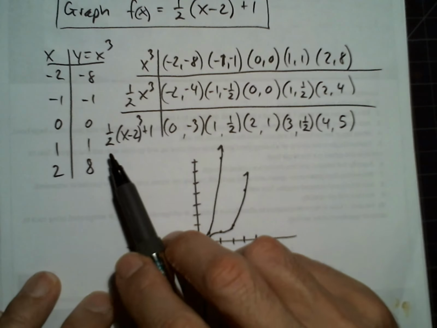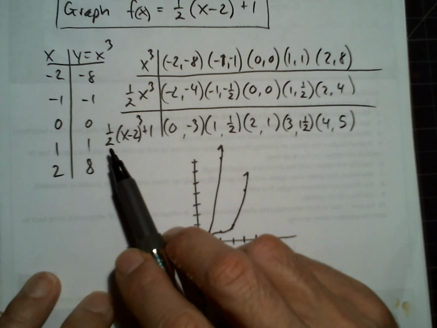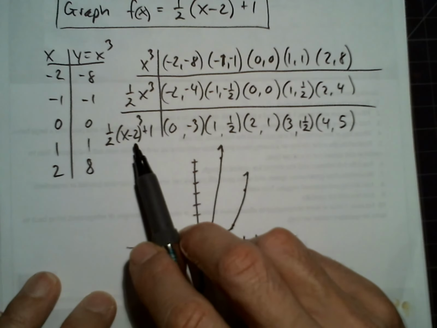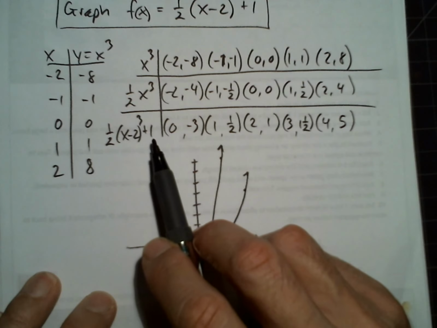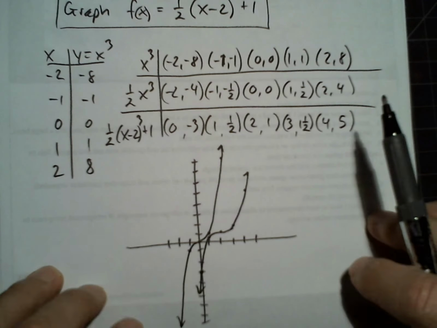And we can see that multiplying by half is a vertical compression, then a horizontal translation, and a vertical translation.